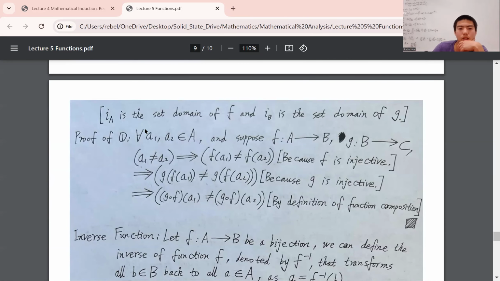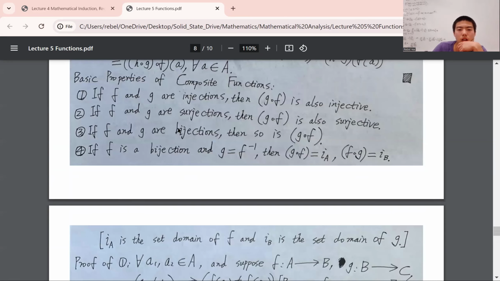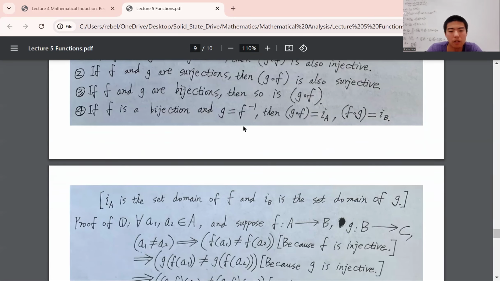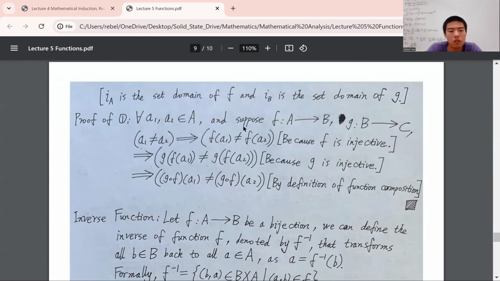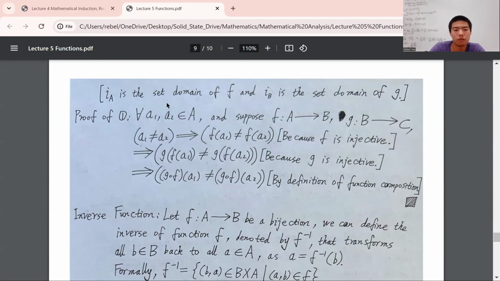What it actually means is that for two functions, if they are injections, surjections, or bijections, their composition is also the same. The proving processes are very similar, so for time we'll prove the first one.